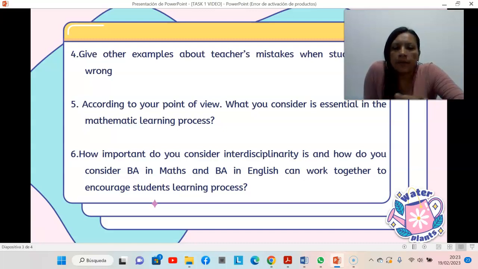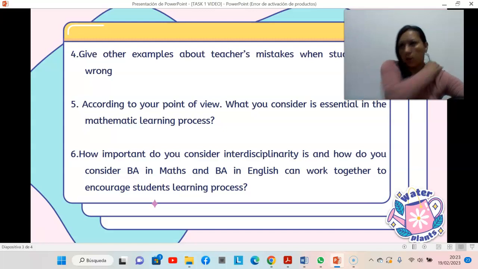It is fundamental to me, because mathematics is one of the two fundamental areas of education, and the use of a second language has become indispensable nowadays. Therefore, linking these two areas will be a great opportunity for our students.